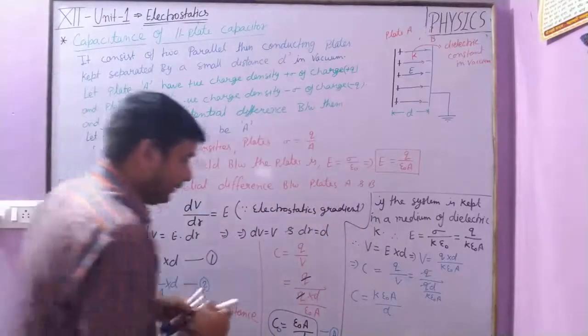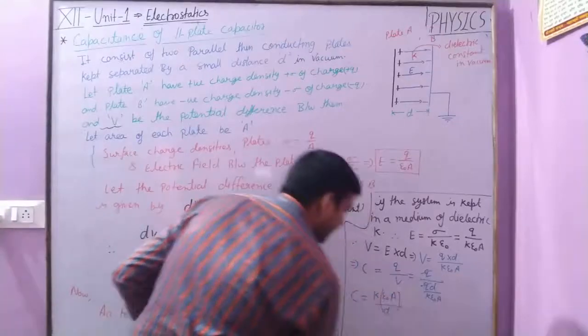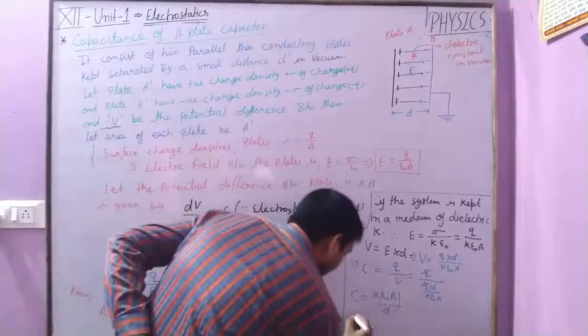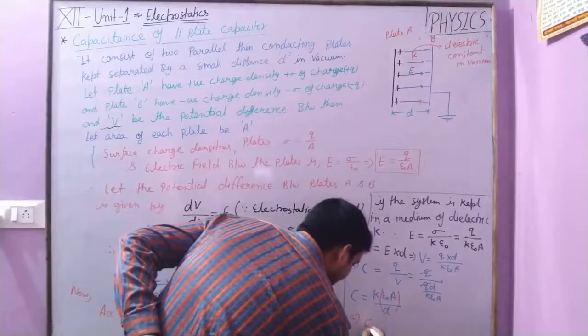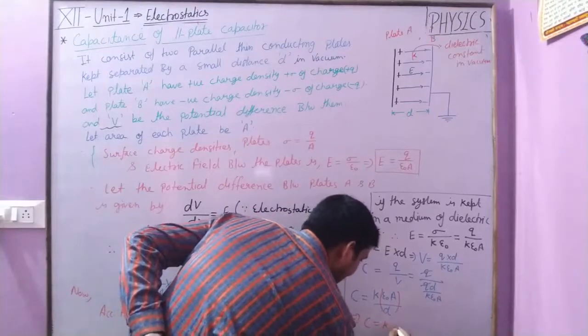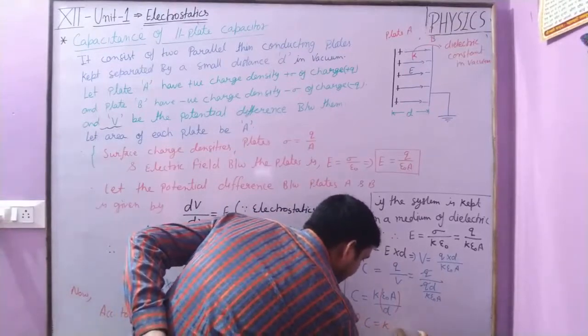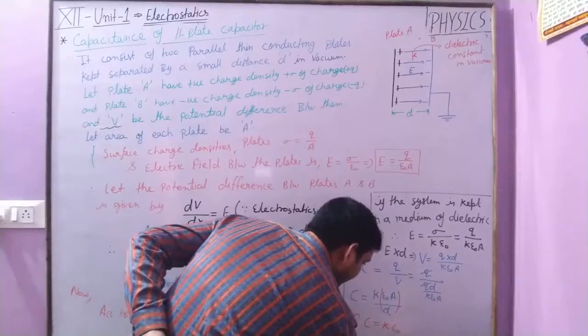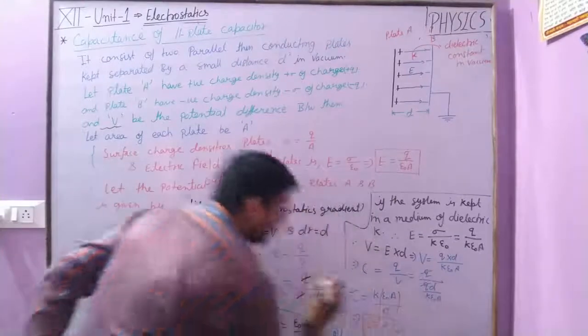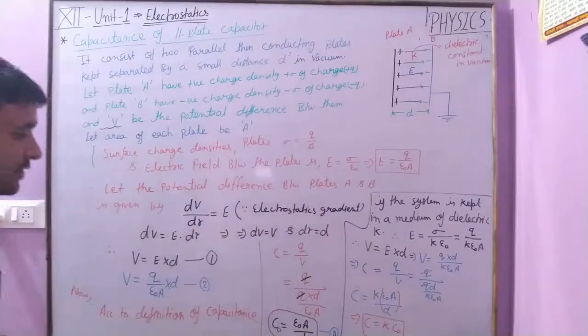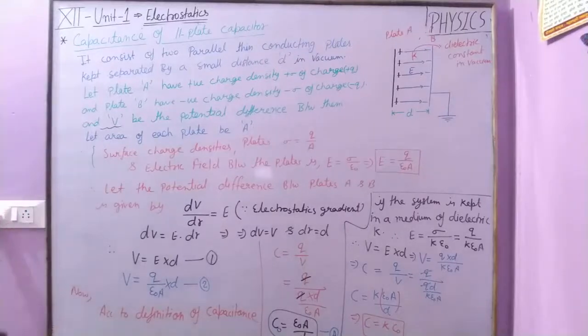Okay, here this result is equal to C naught, so we can say that C is equal to K times the capacitance of the same system in vacuum.